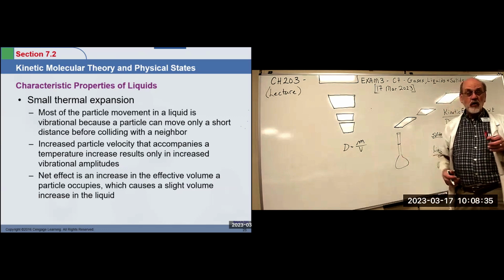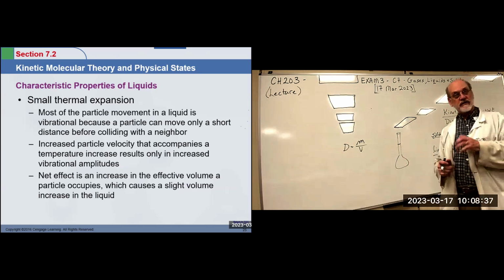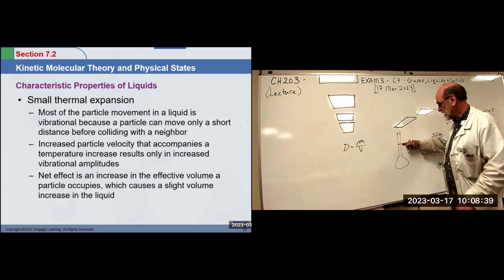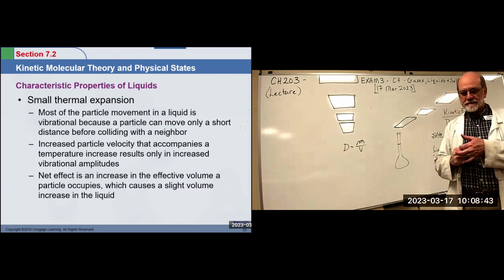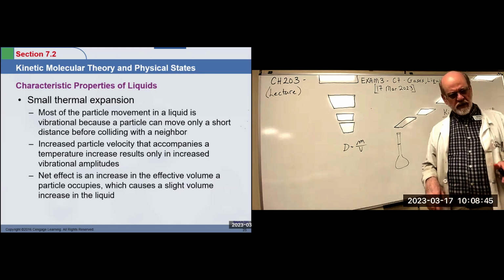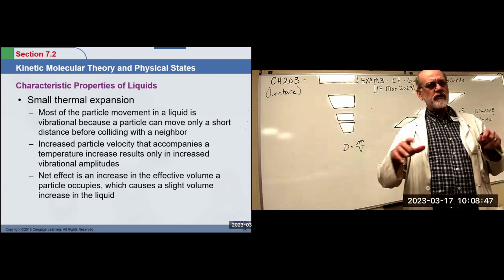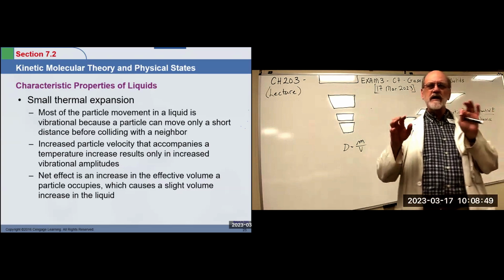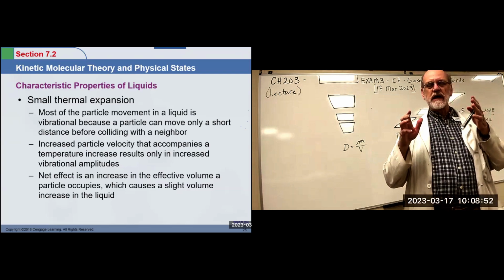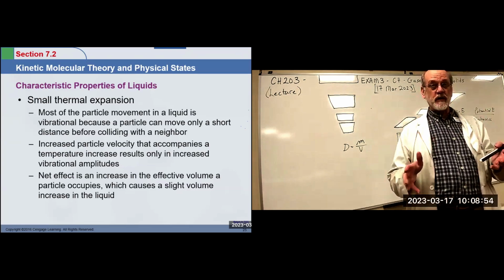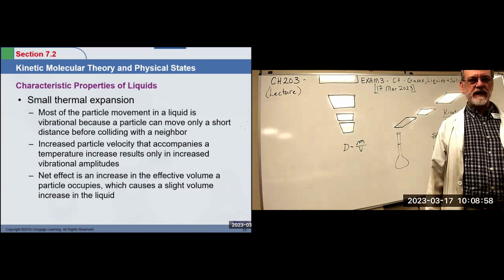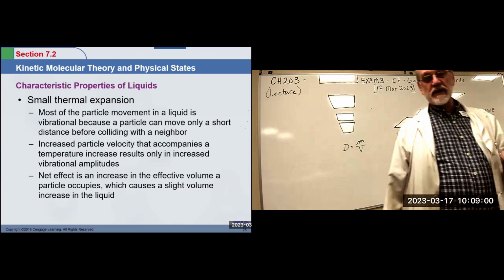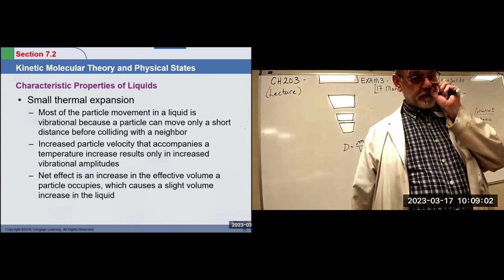Or if it cools down when we make the solution, then we bring it to this, then the volume will increase. And it's noticeable. I mean, it's measurable. But if the temperature is relatively close, within a couple of degrees, plus or minus the calibration temperature for the glassware, then you can usually ignore any effect of temperature on the thermal expansion of the liquid.